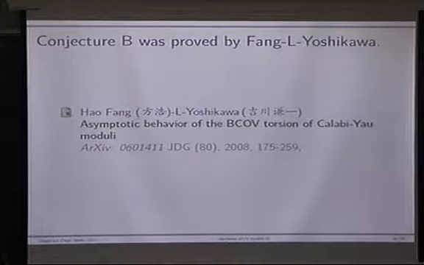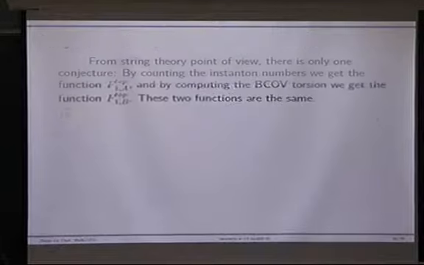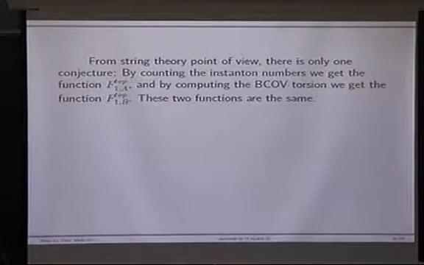We proved that conjecture. You can say it's two conjectures, but they are related. There's really only one conjecture, because if you take the holomorphic curve counting, you get a function called F1A, which is computed from symplectic geometry.